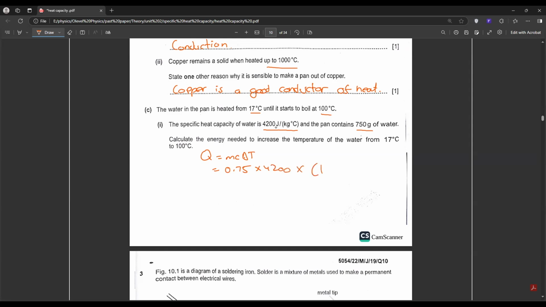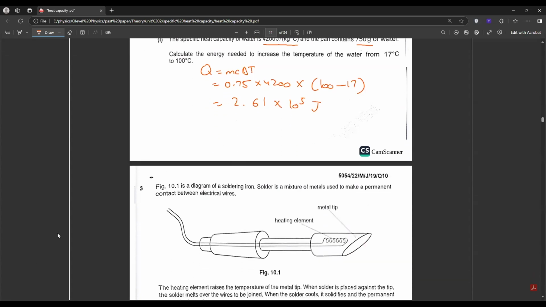What is your change in temperature? 100 minus 17. So 0.75 into 4200 into 83. This comes out to be 2.61 into 10 to the power of 5 joules. This is your answer. Let's move on to the next question.